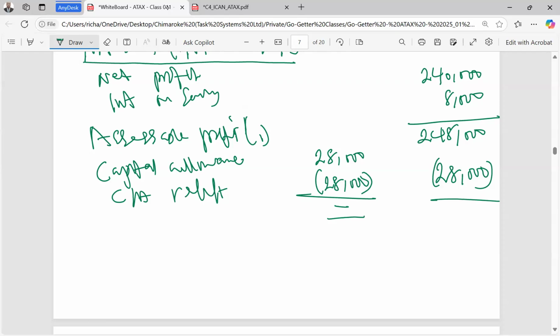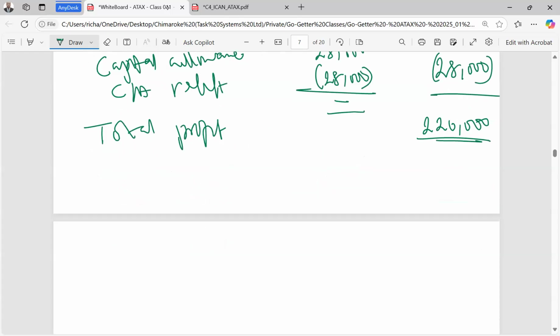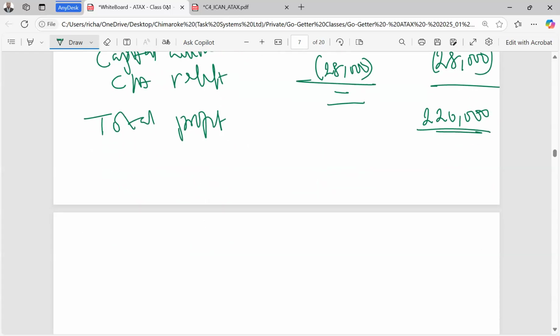Here, accessible profit is going to be 220,000. Not accessible profit, rather, it is going to be your total profit, 220,000. And of course, you have your CIT. You are going to be calculating 30% of total profit.